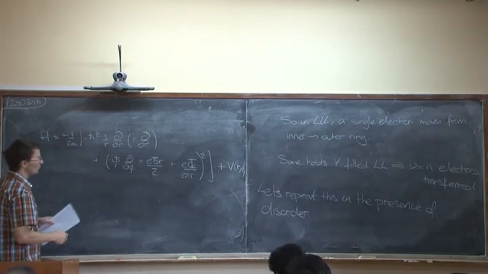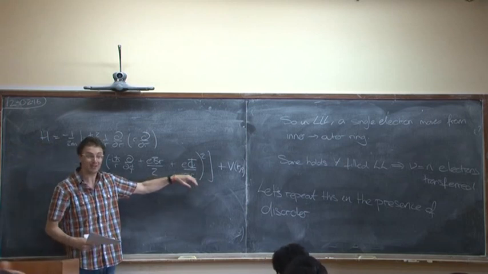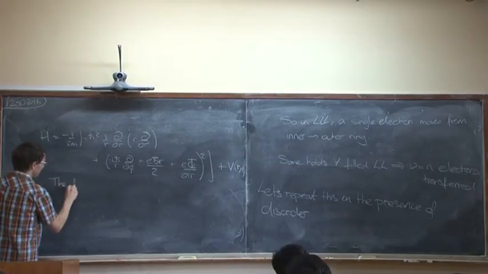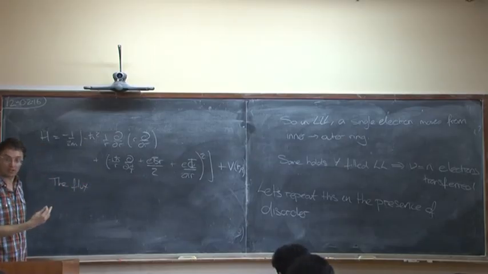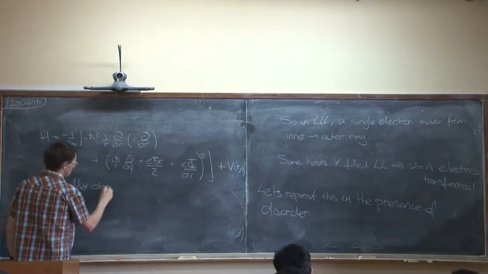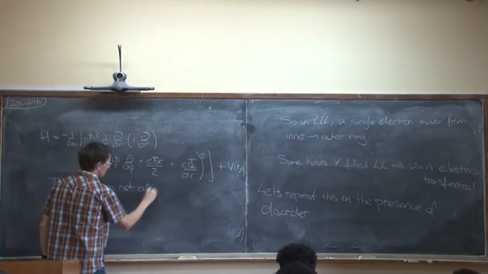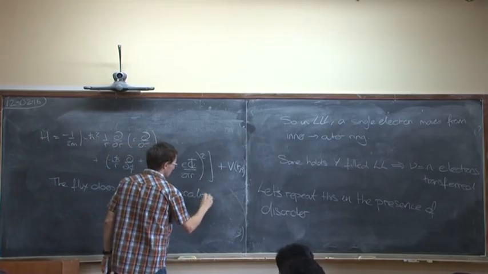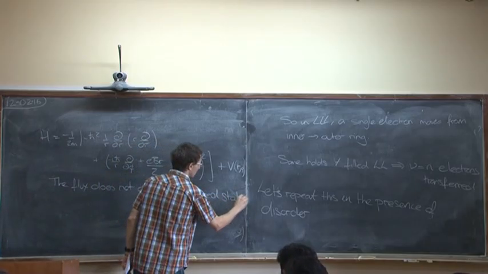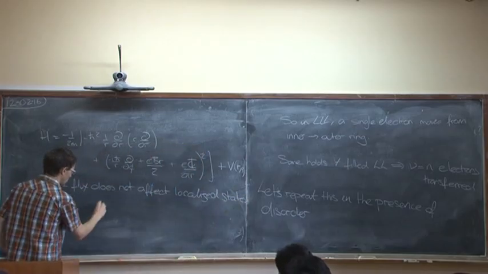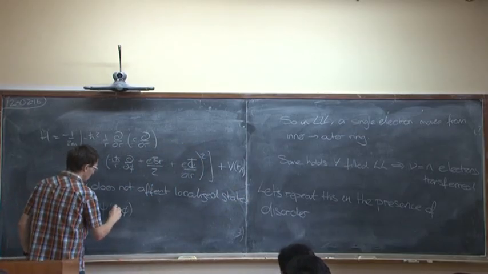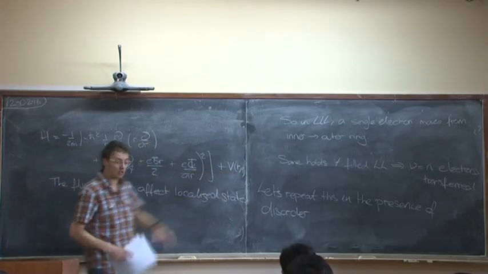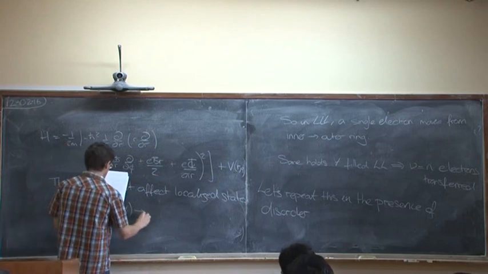Okay, so now we come to this key distinction again between localized states and extended states. So the flux phi does not affect the localized states at all. Why is that? I have some wave function, which was some eigenstate in the presence of this potential, some localized wave function.